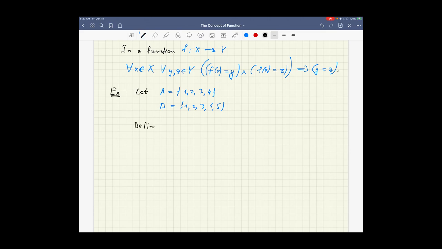And define relation F from A to B the following way. F is the set of ordered pairs, where the first coordinate is from A, the second coordinate is always from B: (1, 2), (2, 2), (3, 4), and (4, 1).